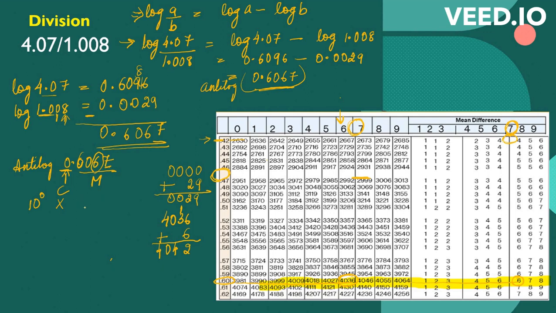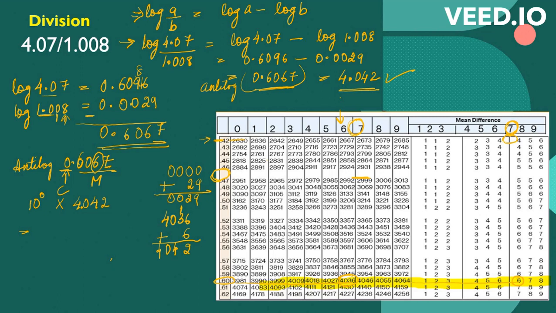So the value is 4042. And immediately after one digit you put a point. That's a rule. 10 raised to power 0 is nothing but 1. So the anti-log of 0.6067 is nothing but 4.042.